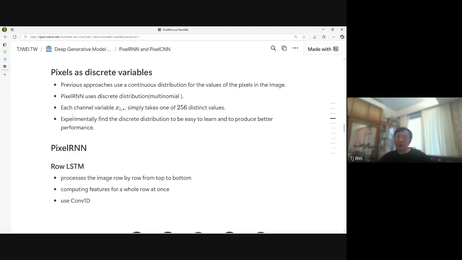But experimentally it actually gets better results. It is probably because it is easier to learn, because LSTM is very difficult to train. That is one of the purposes of the homework that we were given.